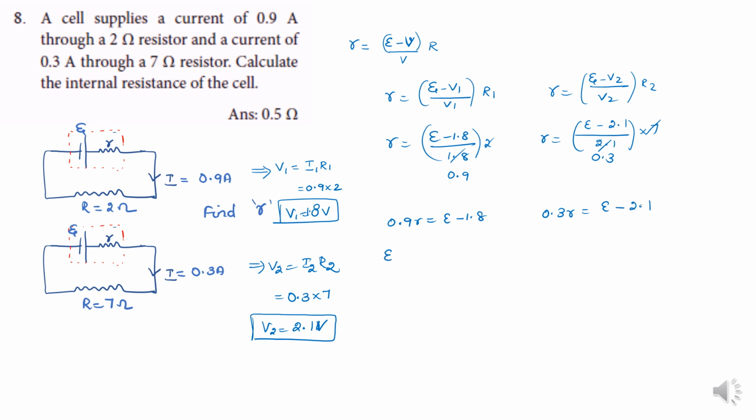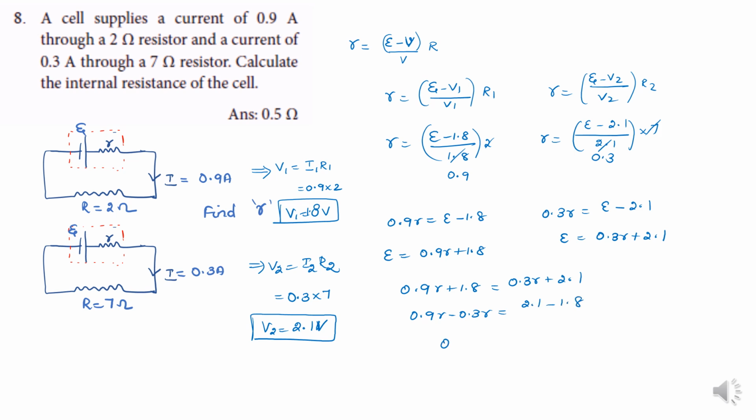From this, epsilon is equal to 0.9 r plus 1.8. Here, epsilon is equal to 0.3 r plus 2.1. Both are epsilon, so I can relate 0.9 r plus 1.8 is equal to 0.3 r plus 2.1. Taking this side, 0.9 r minus 0.3 r is equal to 2.1 minus 1.8.